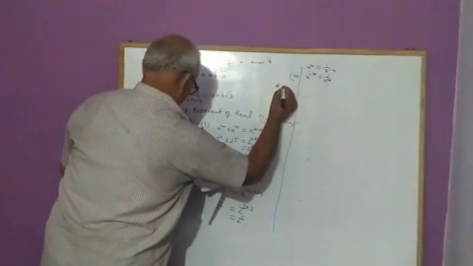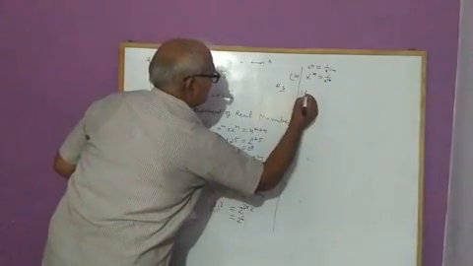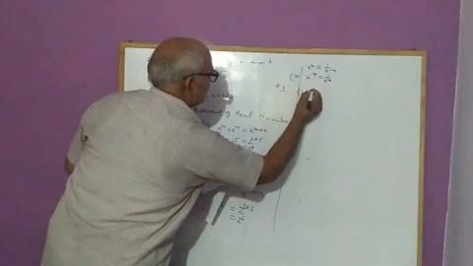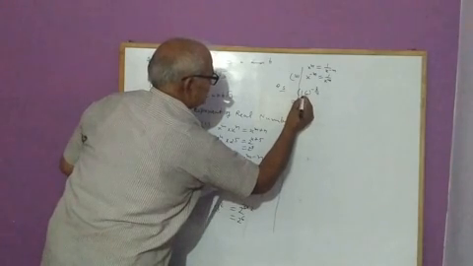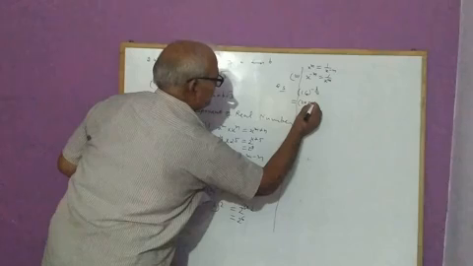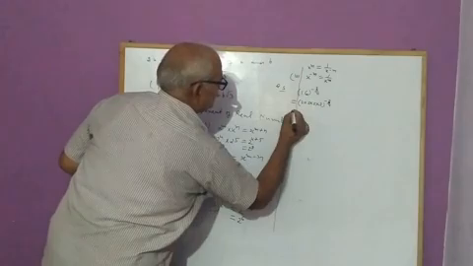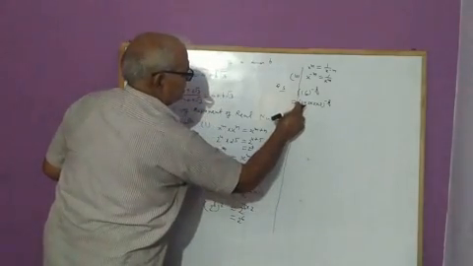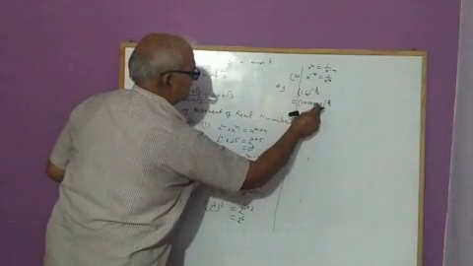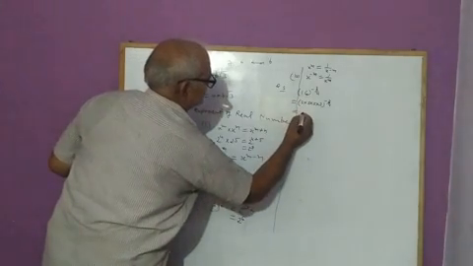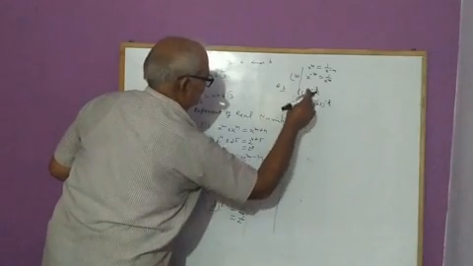Question number 5. 16 to the power minus 3 upon 4. You can write 16 as 2 into 2 into 2 into 2, to the power minus 3 upon 4. So 2 to the power 1 plus 1 plus 1 plus 1, which is 2 to the power 4.